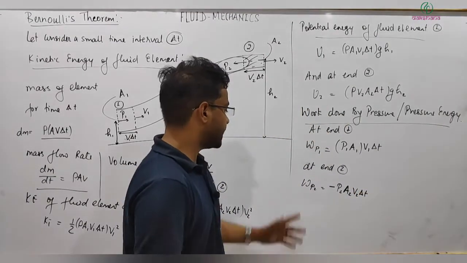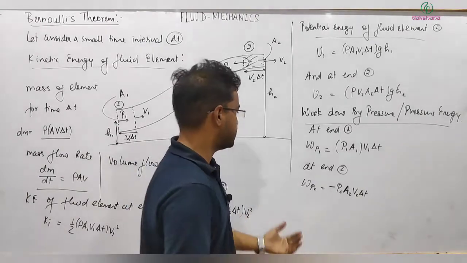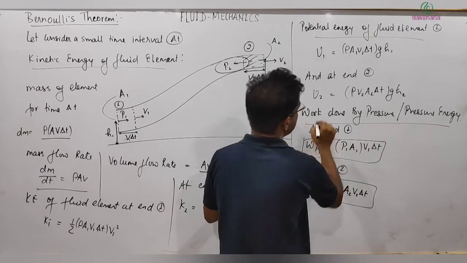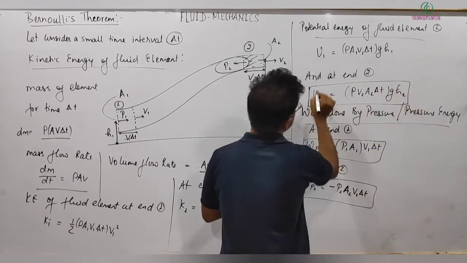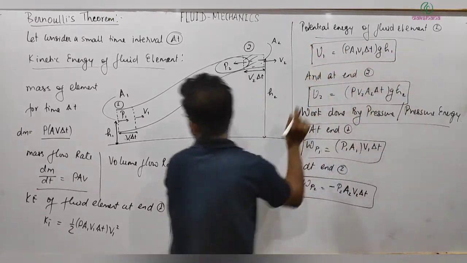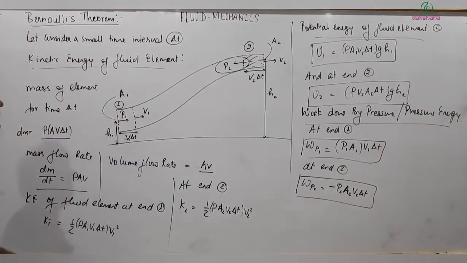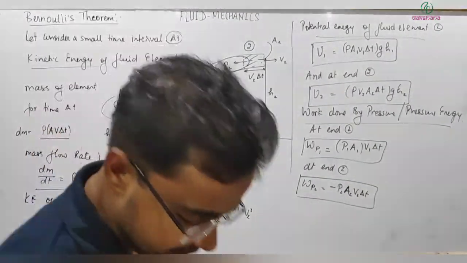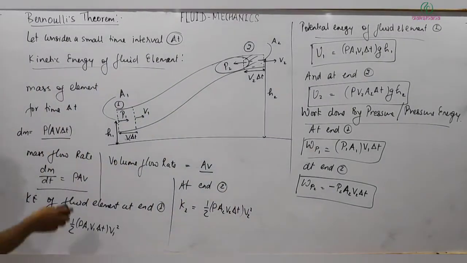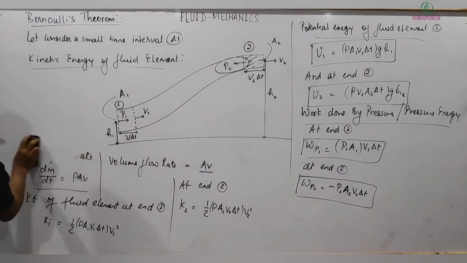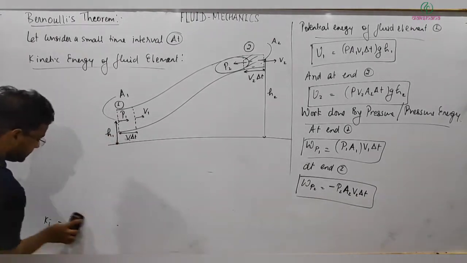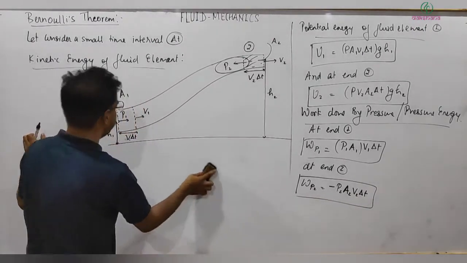Clear? Now I can use the conservation of energy principle. Just remember these results. Okay, write down: this is potential energy and kinetic energy. Because there is no dissipative force, I am already considering it an ideal fluid, which means nothing dissipating is present here. So the conservation of energy theorem can be applied here.